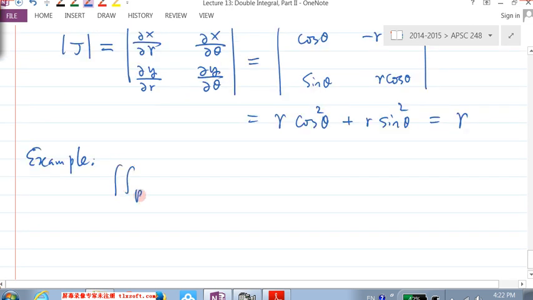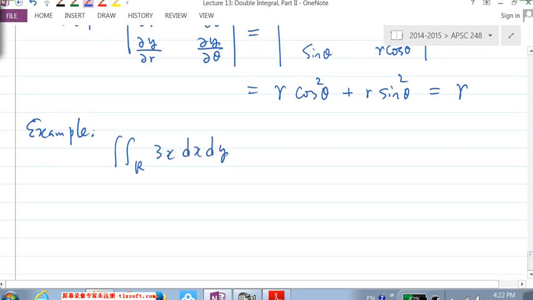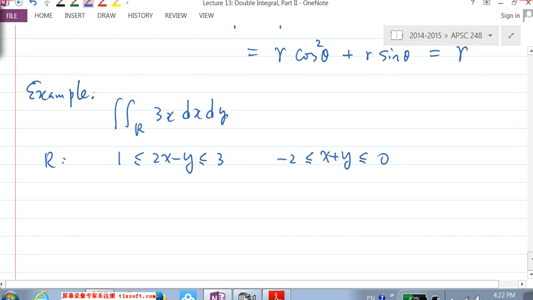Okay, so let's take a look at an example. We want to integrate this double integral, and the region R is defined by this. If there's no sketch here, you have to visualize what R looks like.